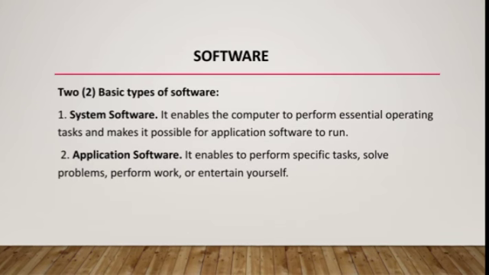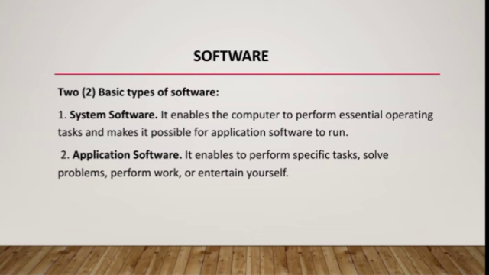This is the last discussion for this topic. Software or the applications or programs exist in a computer. It has two basic types, the system software and application software. System software enables the computer to perform essential operating tasks and makes it possible for application software to run.